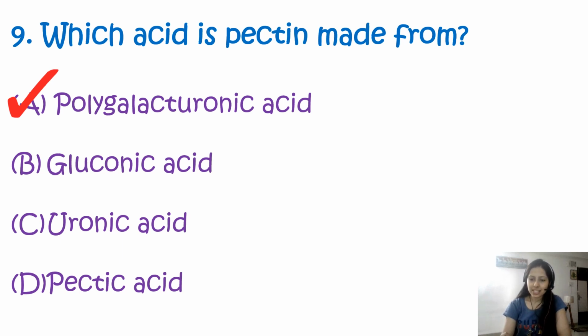This pectin is a complex polysaccharide which is found in the cell wall of plants, and it is extracted primarily from citrus fruits or apples. It is composed of polygalacturonic acids, which is an acid unit, and these are linked together to form a complex structure. So option number A is my correct option.